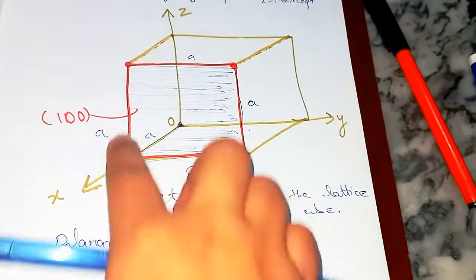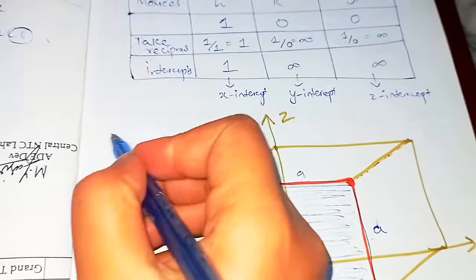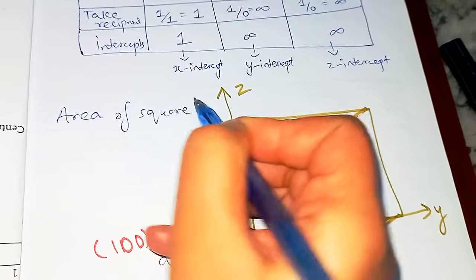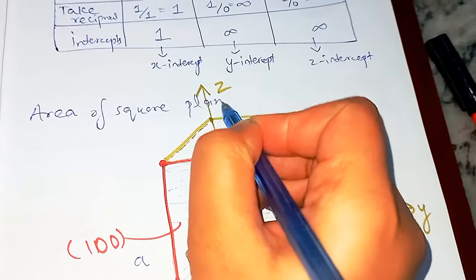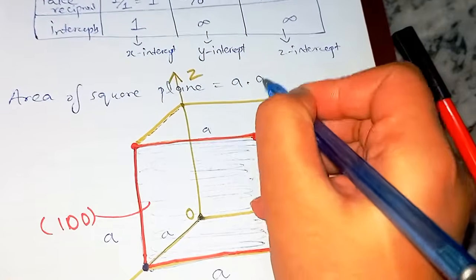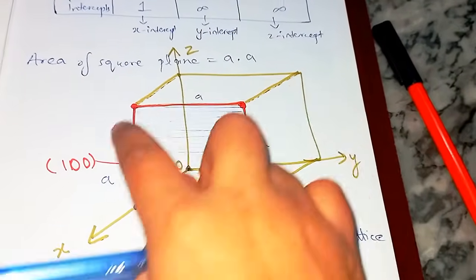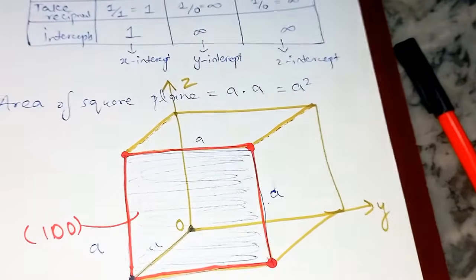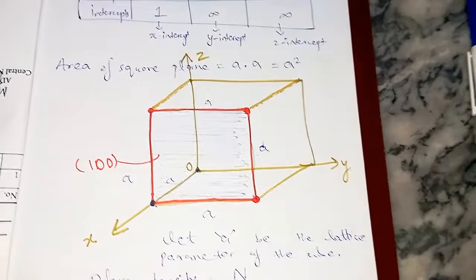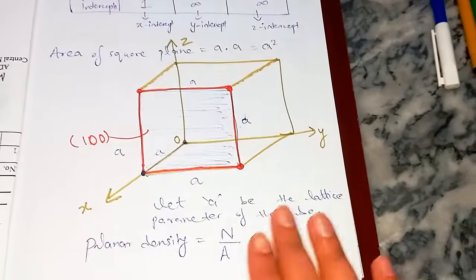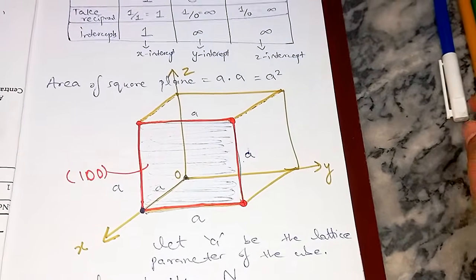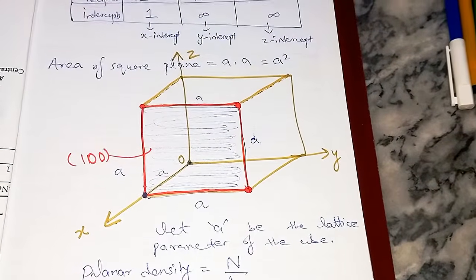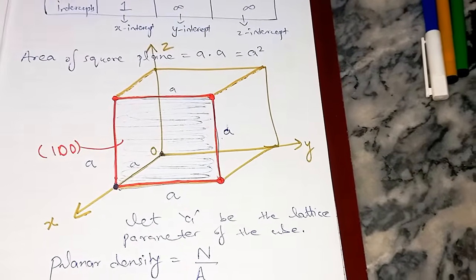So we can see it's a square, and the area of the square plane is equal to A dot A, the product of any two sides. So it's A dot A equals A squared. It was really easy to calculate since the figure was really simple. And now let's calculate the net number of atoms lying or centered on the plane. Centered on the plane is the better phrase to use in here.